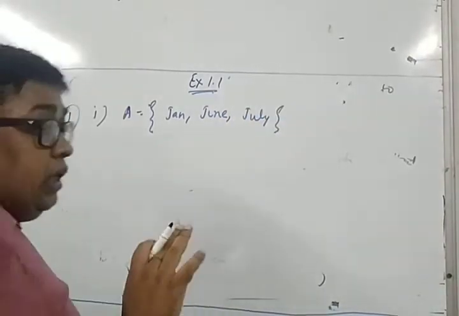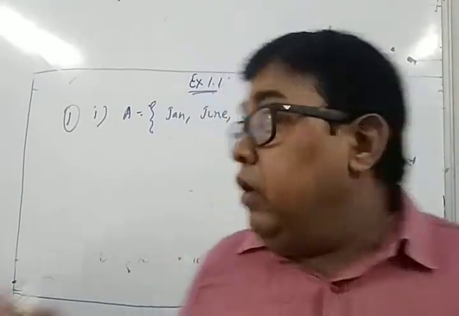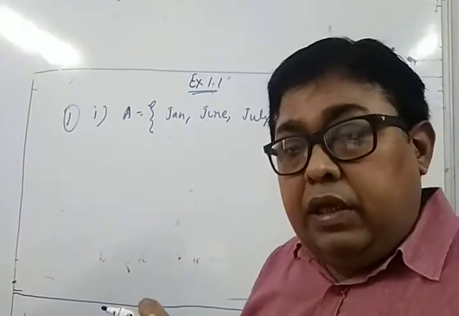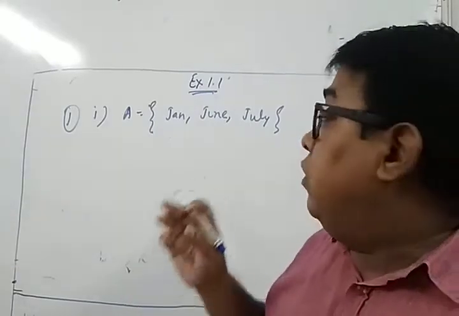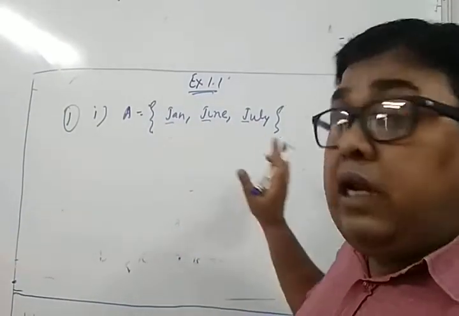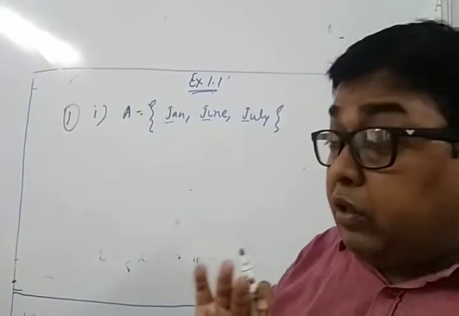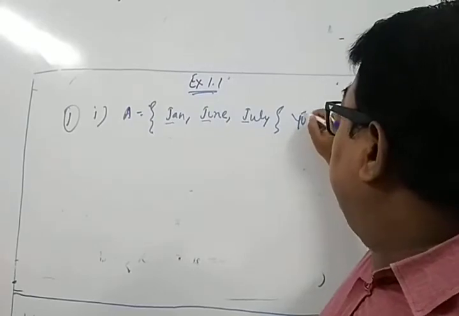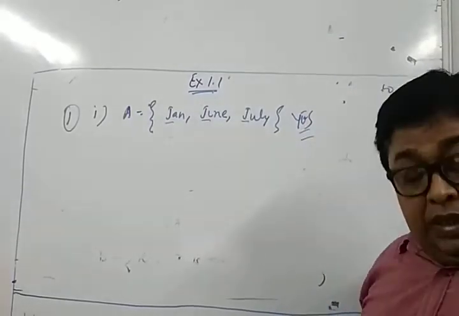We have a clear picture about them. We have three months, January, June, and July, which start with the letter J. So it is a very clear picture. It is well defined. It is not unknown. So the answer is yes, it is a set.